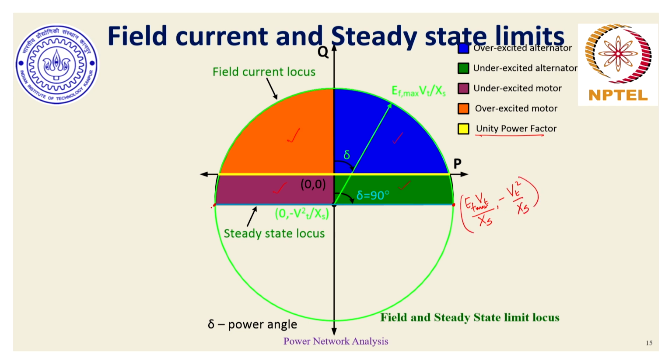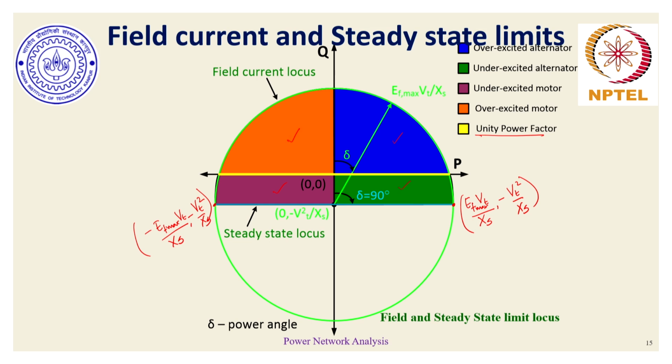Similarly, this point over here is nothing but the intersection of blue line and green line. So here we would have minus Ef max Vt by Xs comma minus Vt square by Xs as the corresponding P and Q axes. We can also verify these points by revisiting the equations for field current limit locus and steady state limit locus.